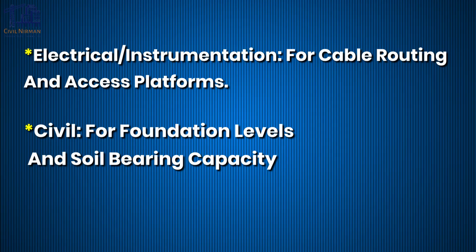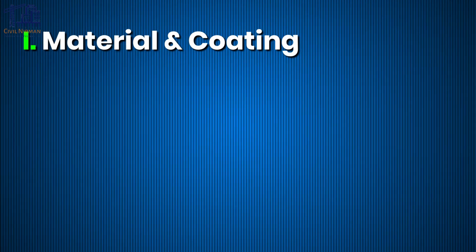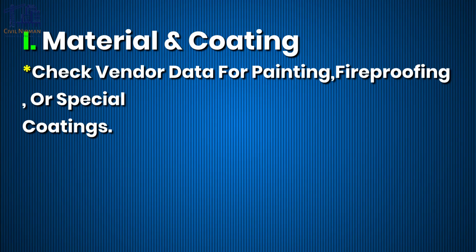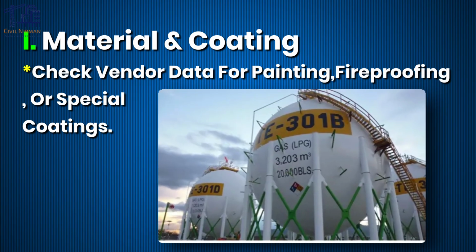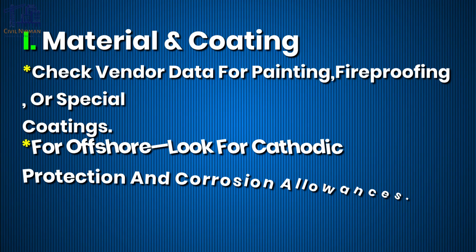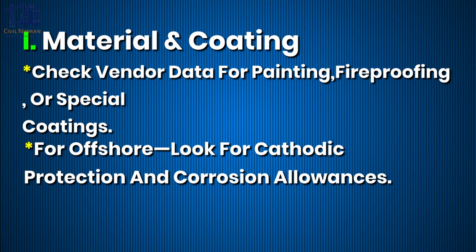And obviously, for us as structural engineers, we require foundation levels and soil bearing capacity for the design part. Next important point is material and coating. Check vendor data for painting, fireproofing or any specific coating requirements. For offshore, look for cathodic protection and corrosion allowance.